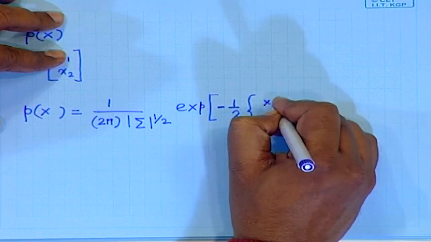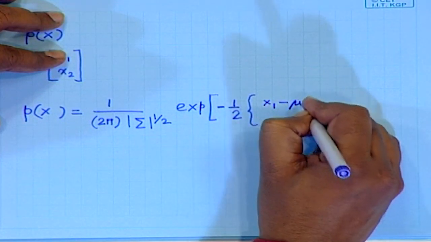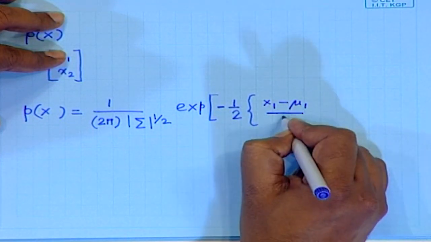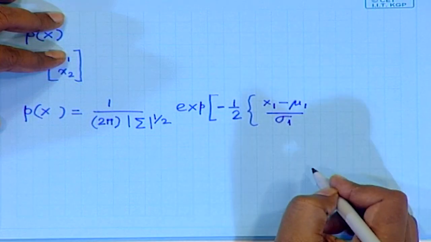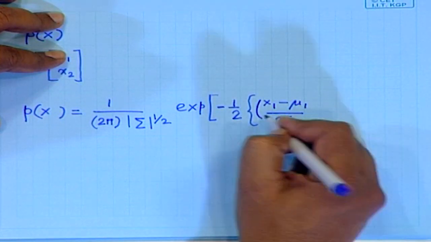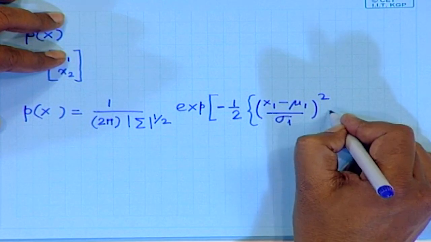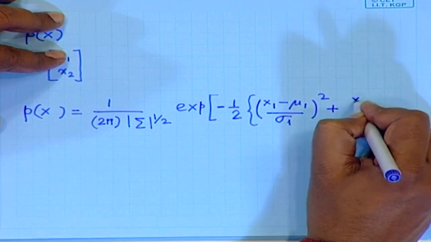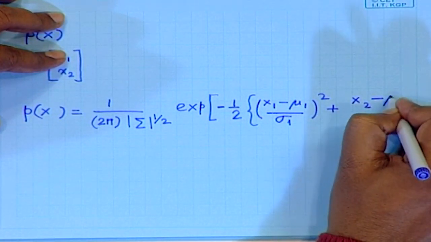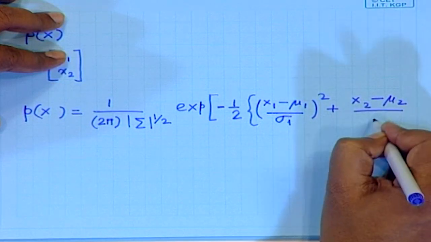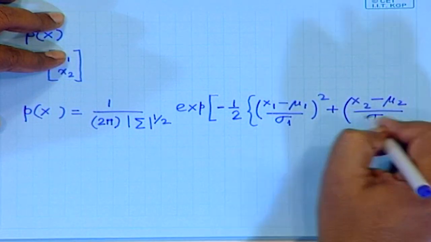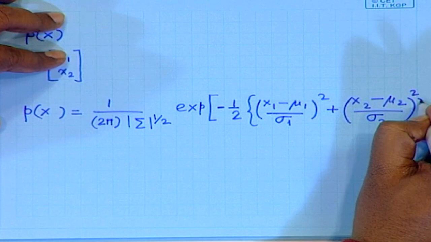So ((x1 minus mu1) upon sigma1) whole squared plus ((x2 minus mu2) upon sigma2) whole squared.